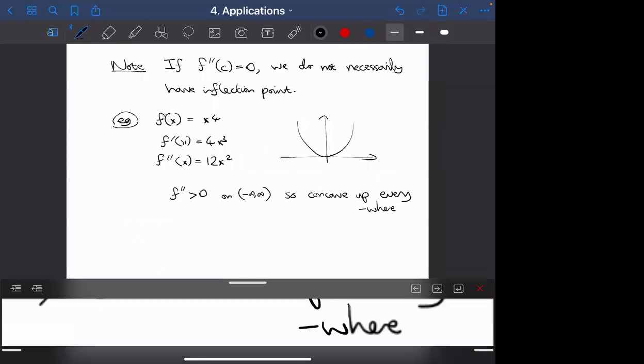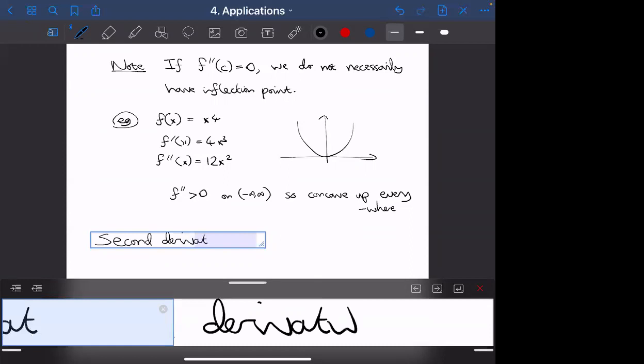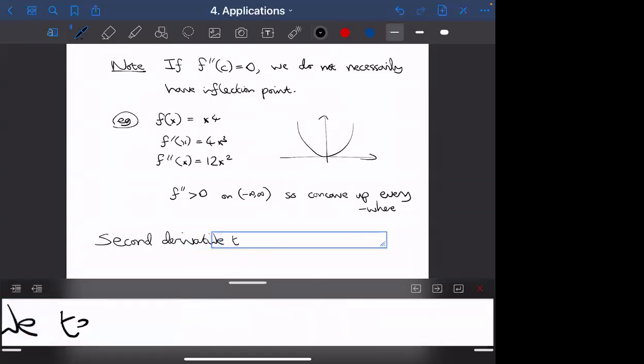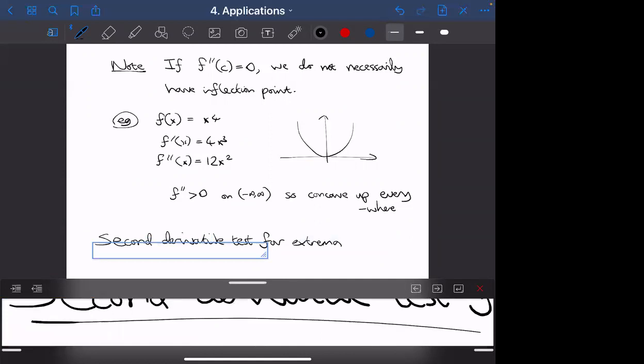So another application of second derivatives. If we can calculate the second derivative, it helps us spot extrema.